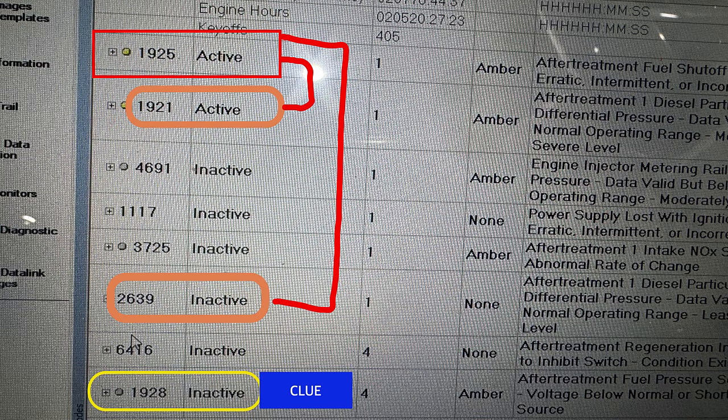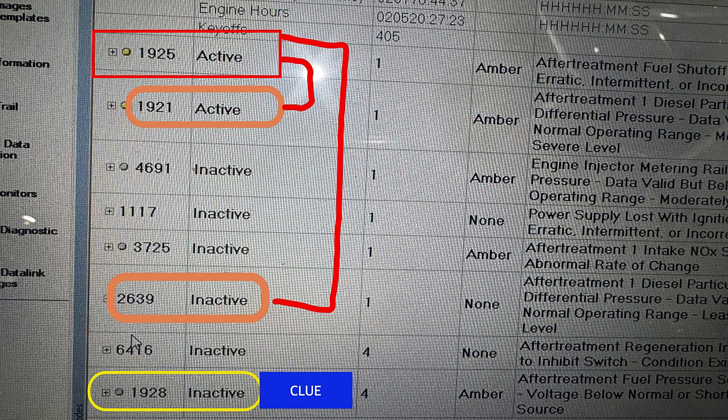The driver would do that if he was in a place where he didn't want a lot of heat coming out of the exhaust. He might have been backed in a building picking up a container and there's flammable items in the building, so he would turn the inhibit on. If the engine requested a regen while that inhibit was on, then you'll get that fault logged.